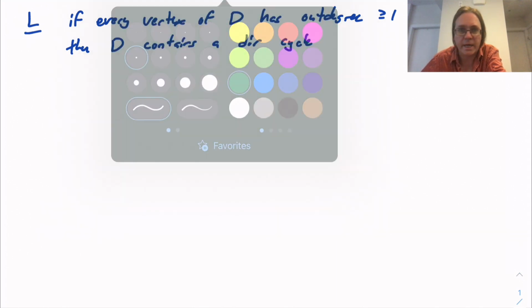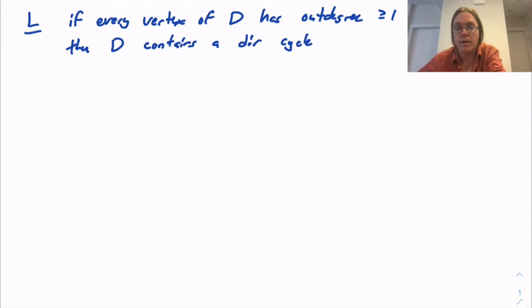We had a lemma for undirected graphs saying if you have an undirected graph and every vertex has degree at least 2, then you're guaranteed the presence of a cycle. And this is very much in analogy with that fact, and the proof is almost exactly the same. So we proved that theorem by choosing a maximal path in our graph. Now we're going to choose a maximal directed path.